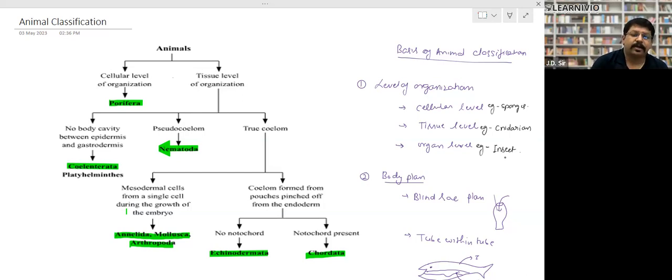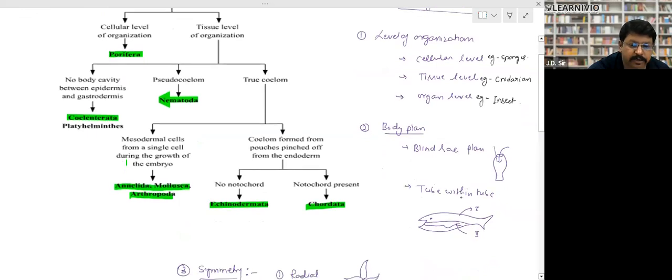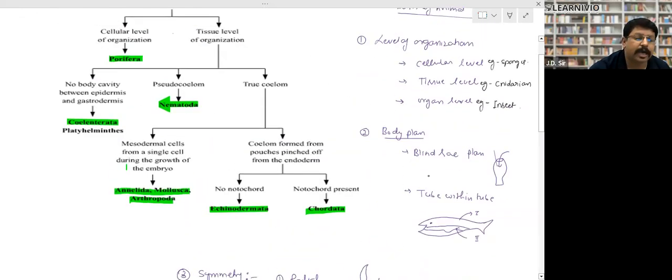Now the second criterion of classification is body plan. What is body plan? Try to understand, there are two types. So the second subheading will be body plan. First is the blind sac plan.